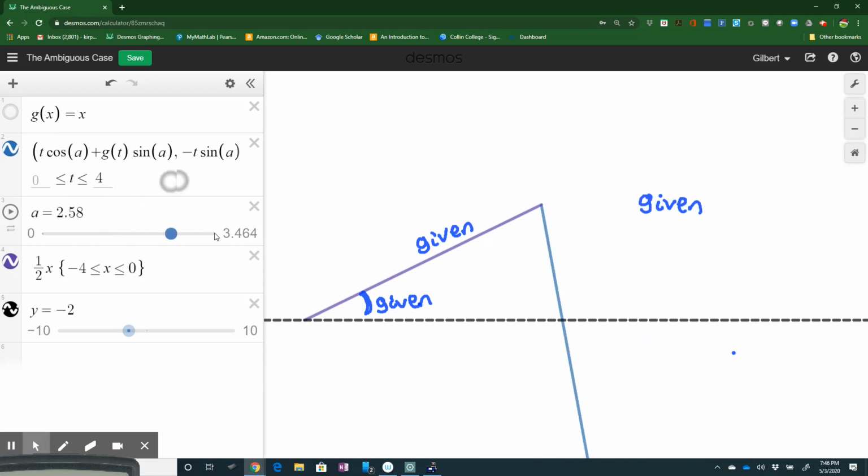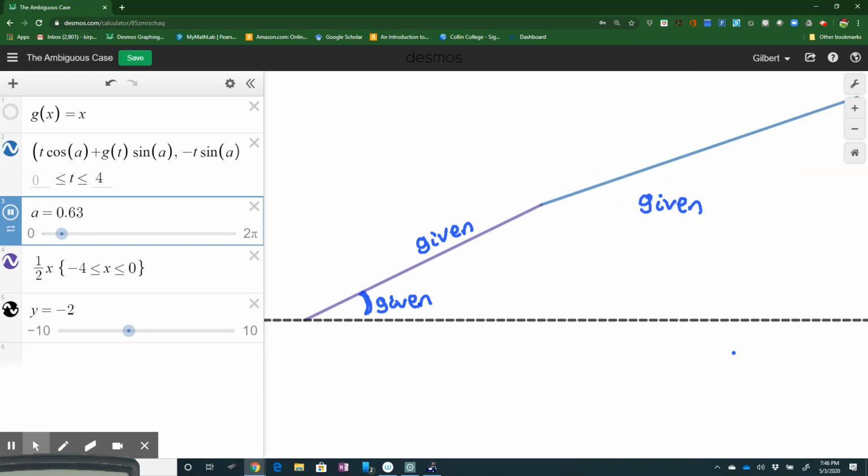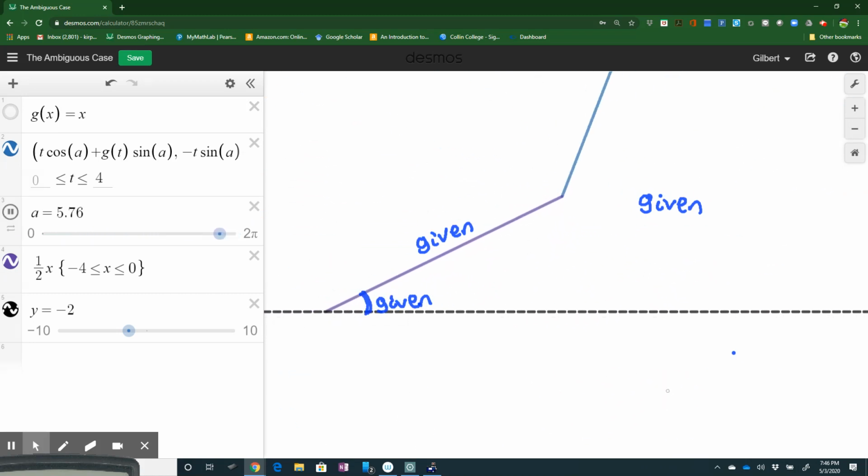So if you do it with this one, notice that there's only one possible answer because it's bigger than the line, and that's the last scenario. Let me do 2 pi. Just hit play. So this is the last case.